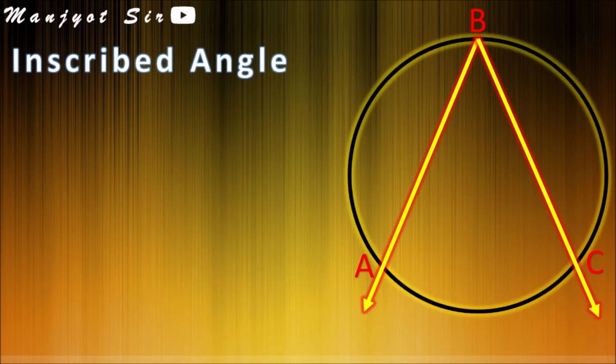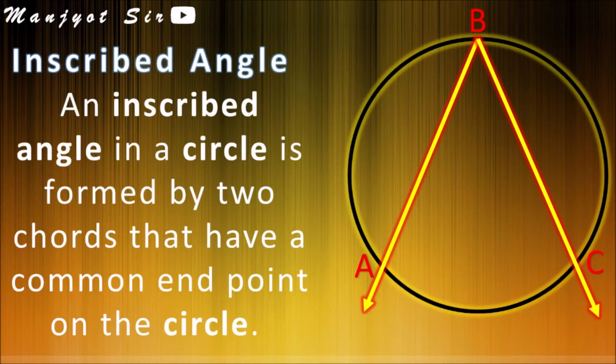So whenever we have an inscribed angle, two things you need to remember. First, the common vertex will be on the circle, and the two arms of the angle are nothing but the chords of the circle. So let's see the definition. See, the definition also says the same thing. An inscribed angle in a circle is formed by two chords that have a common endpoint on the circle.